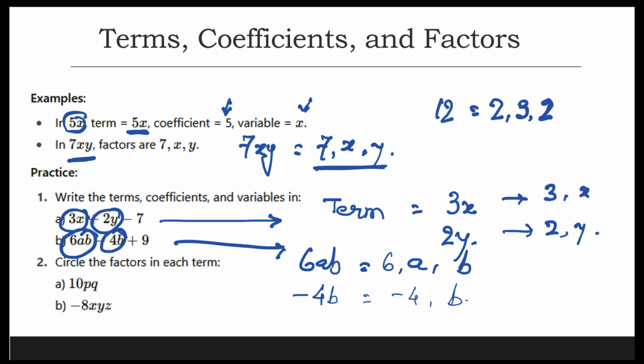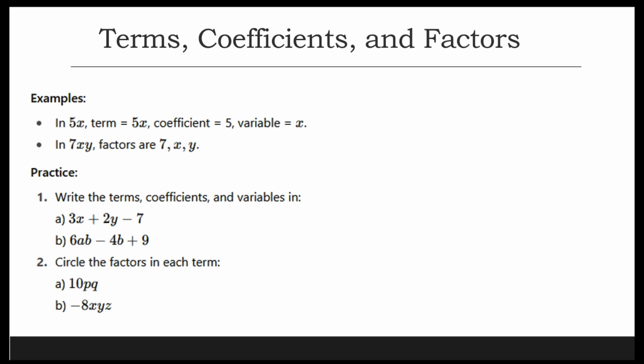Algebraic terms in that sense. Now in this one, factors, if I have to find out, 10, p and q are the factors. In this, minus 8, x, y, g are the factors.